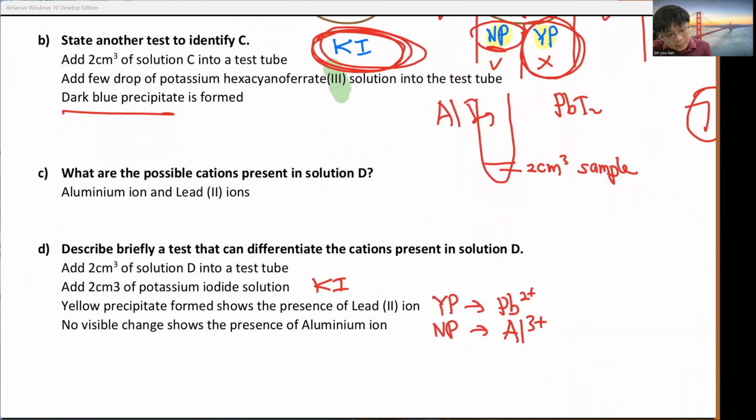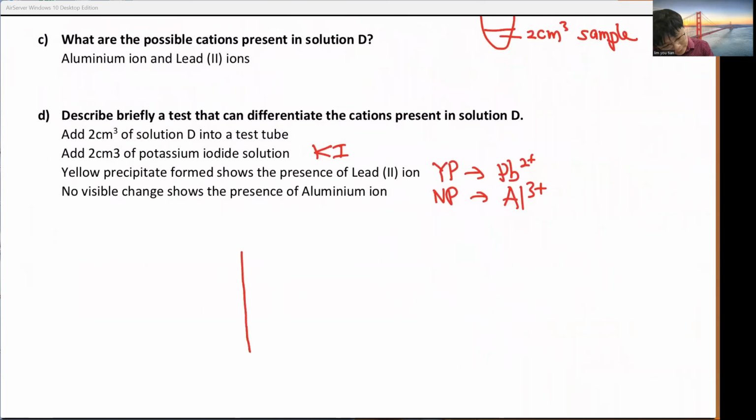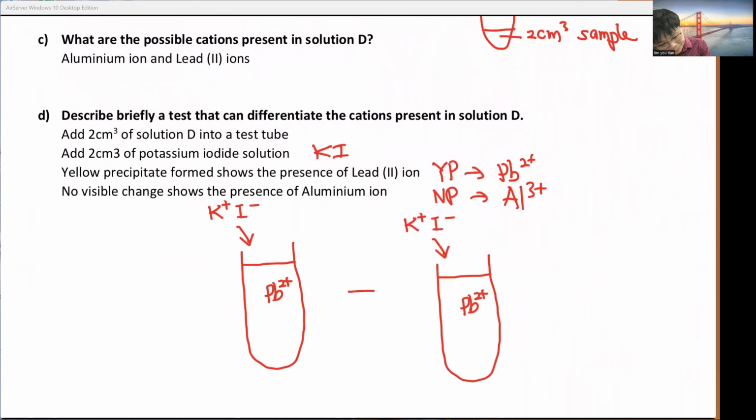Testing for Pb means if I suspect Pb2+ inside, I put in KI. The main thing is the iodide. The I minus will go in and combine with Pb, becoming an insoluble yellow precipitate.